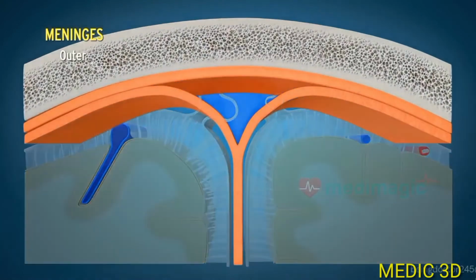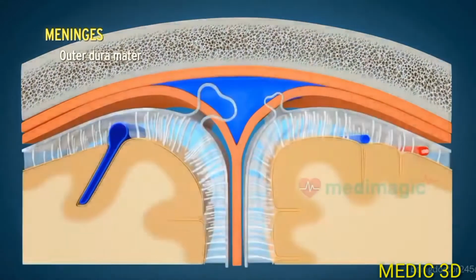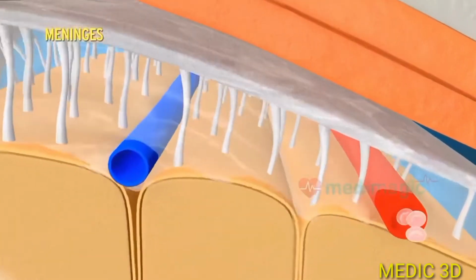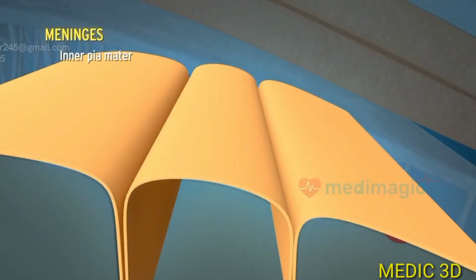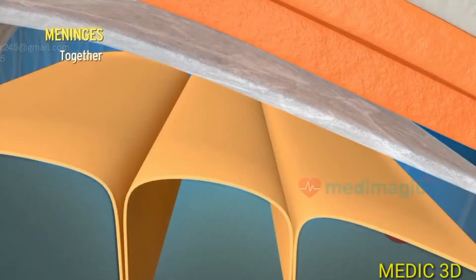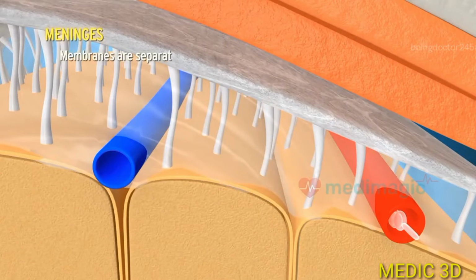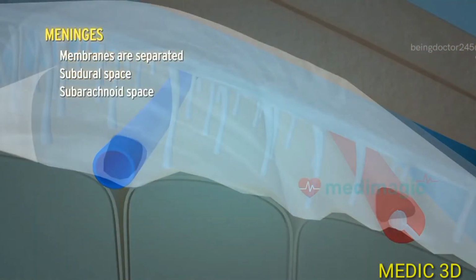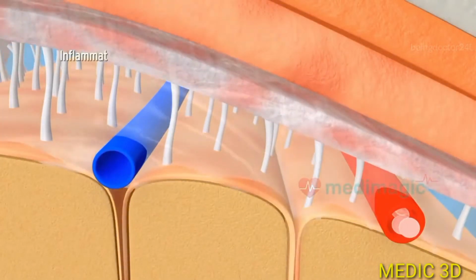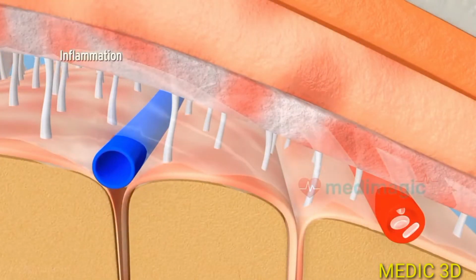They are the outer dura mater, the middle arachnoid mater, and the inner pia mater. Together, they are called meninges. These membranes are separated by the subdural space and the subarachnoid space. An inflammation of the meninges is a condition referred to as meningitis.